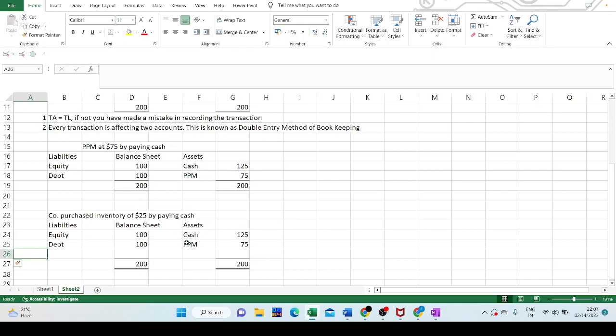Now, how will we record this transaction? Basically, cash would reduce by the amount of cash paid to buy inventory. So our cash balance was 125. We paid $25 in cash to buy inventory. So now our cash balance would reduce by $25 to $100, and we'll report inventory in the balance sheet at cost. So inventory would be reported at cost, which is $25, right?